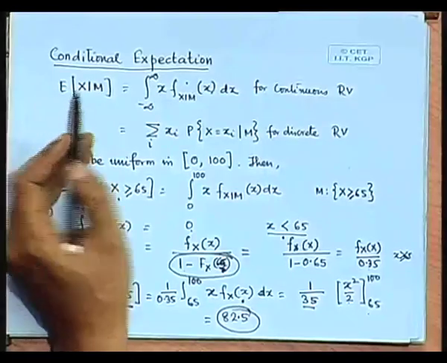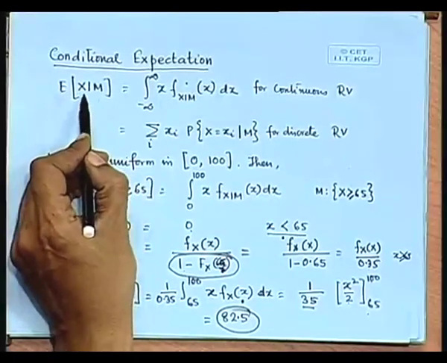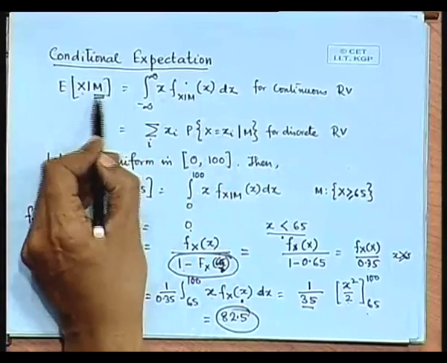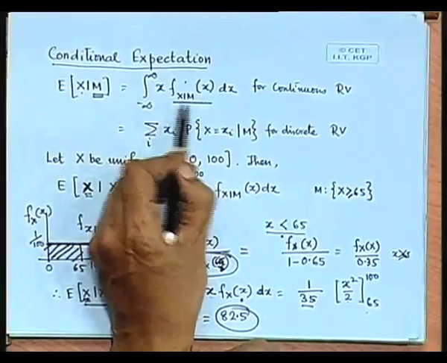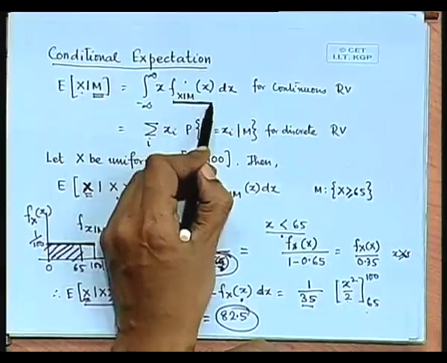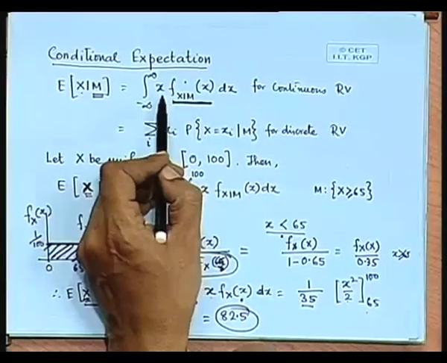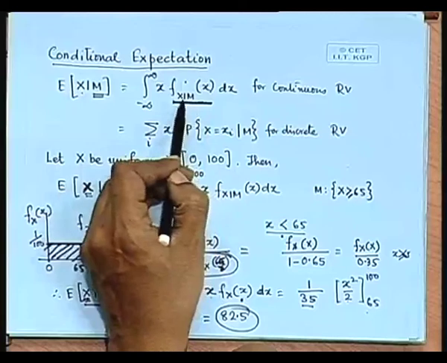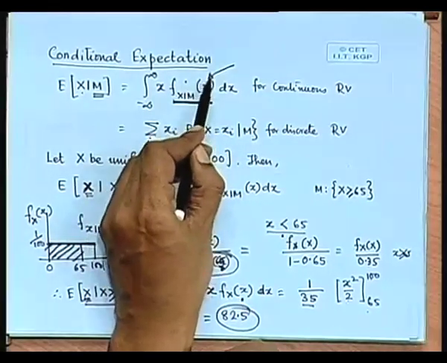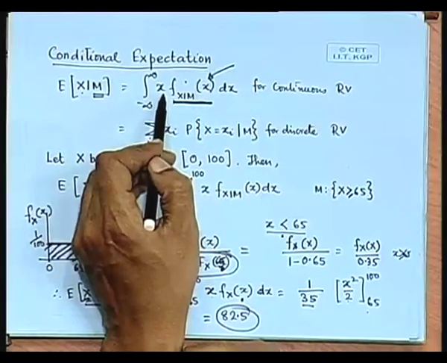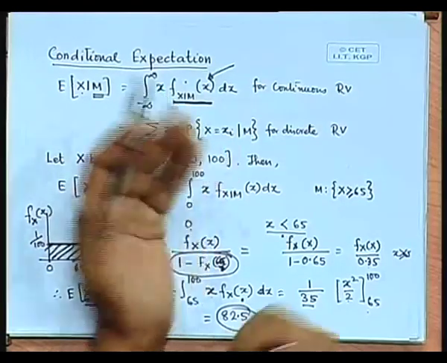Exactly in a similar fashion, what is the expectation of x given an event m, given some information about x through the event m? Obviously, it is going to be the conditional density function now. Previously, it was the ordinary density function, but now it is going to be the conditional density function of x times dx, because this indicates the likelihood of x occurring given the information m, right.